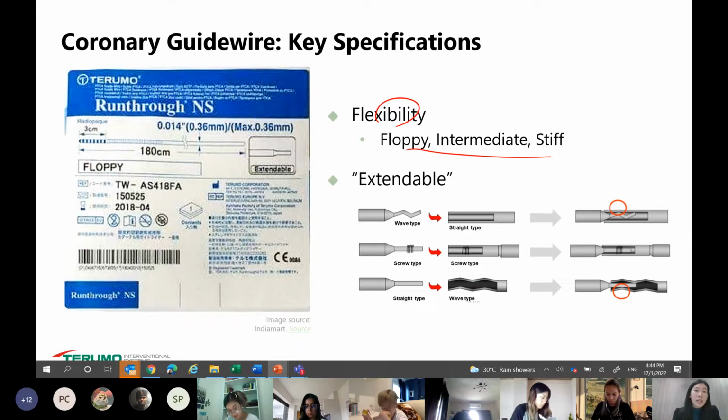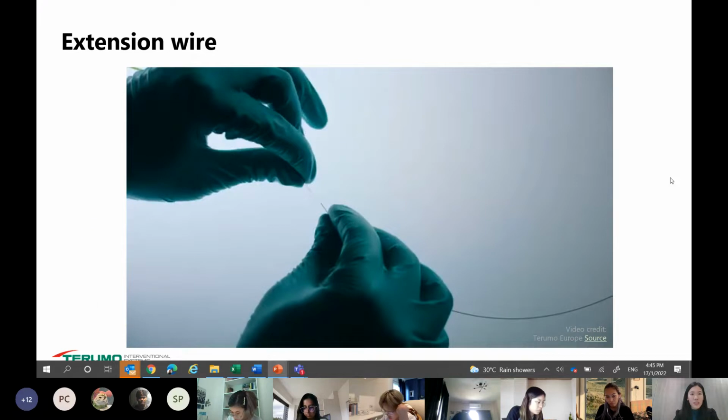Also take note that guide wires can be extended, typically at the end of the guide wire. See, this says it's extendable. It means that the tip will have a certain shape. This one is a straight type, so it needs to be compatible with an extension wire that is a wave type, so that it can be attached well and used together. Here you can see they are attaching this guide wire with the extension so that it can be a very, very long guide wire.